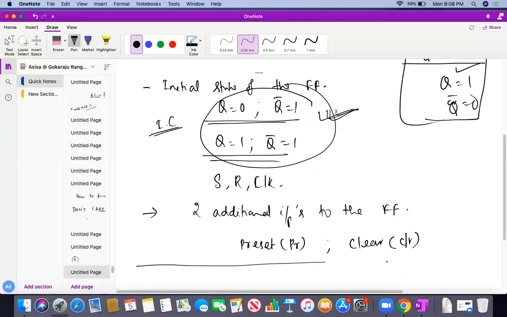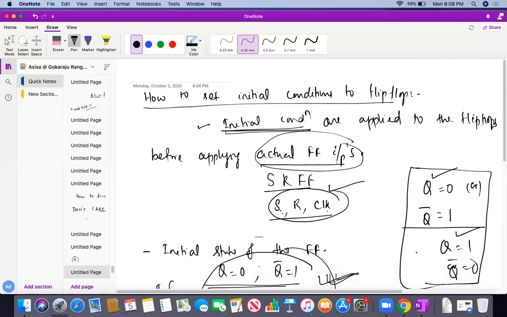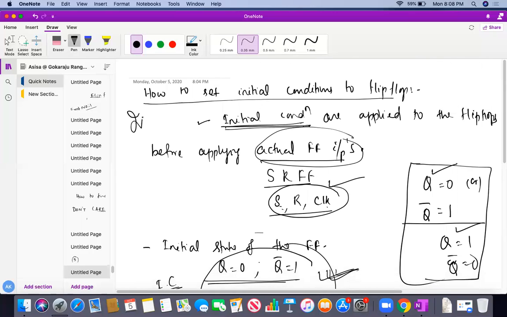What I have told till now is very important, students, in interviews, PSUs, GATE exam, JTO, IES. Till now we assumed Q is 0 and Q bar equal to 1, but nobody asked me why I always take Q equal to 0, whether I'm just assuming or how it happens practically.